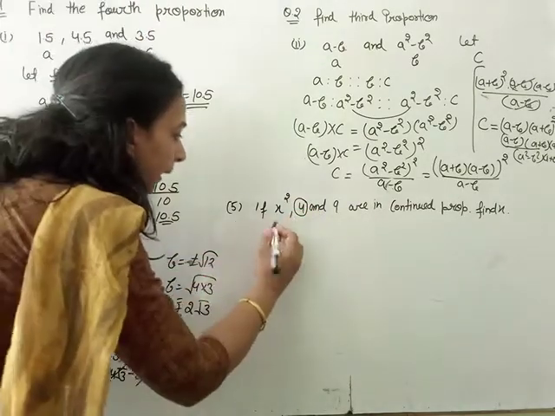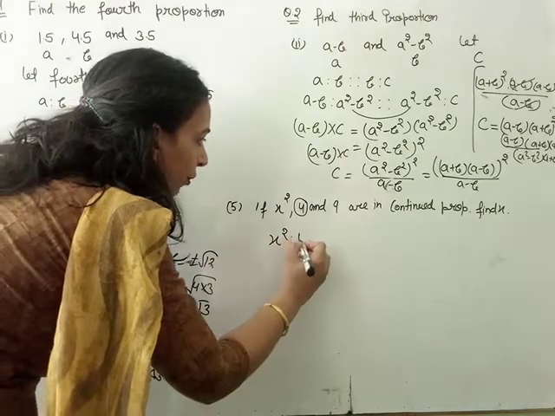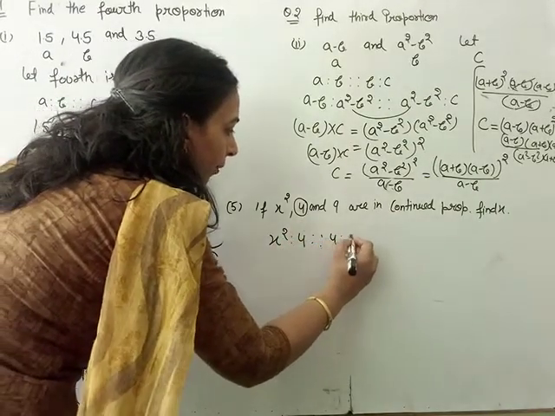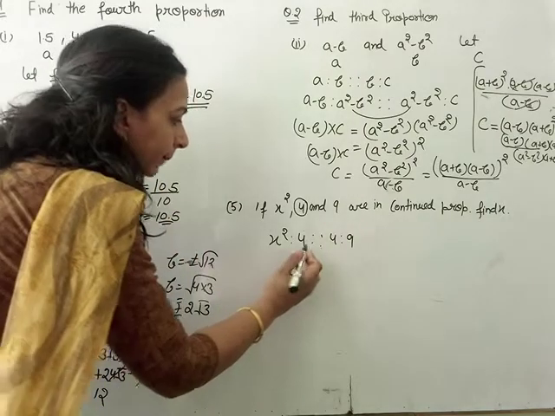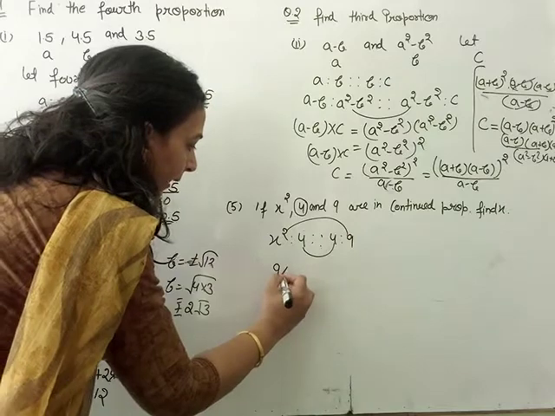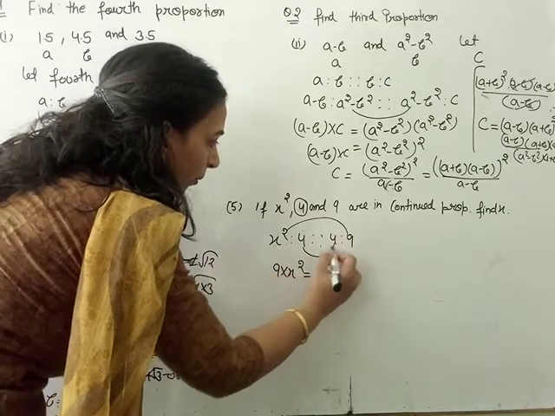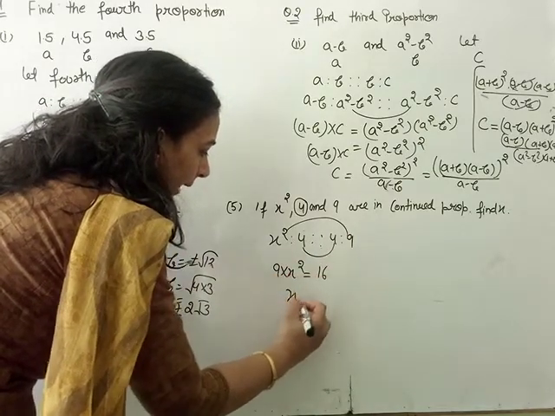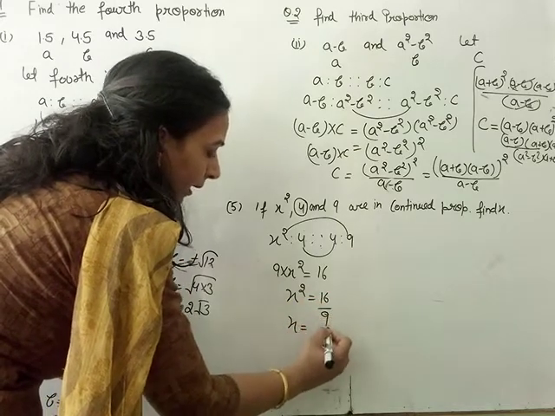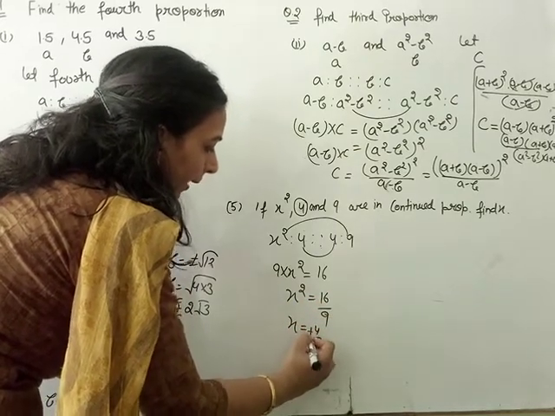Okay, then x square ratio 4, this mean proportion 4 ratio 9. We find the value of x. So multiplication of this equals multiply of this: 9 multiply x square equals 4 multiply 4, 16. X square equals 16 by 9 and x equals plus minus 4 by 3.